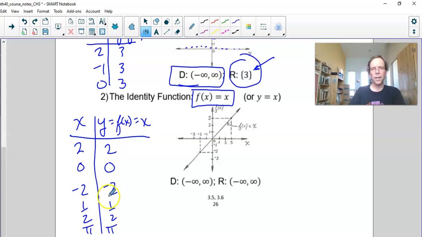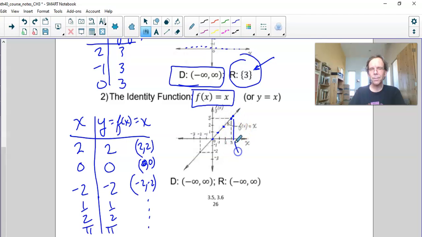So all these ordered pairs are in there. 2, 2, 0, 0, negative 2, negative 2. I'll quit there and just start pointing out some of these things. Here's 0, 0, 1, 1, 2, 2, 3, 3. Where's pi, pi? Right, maybe there.